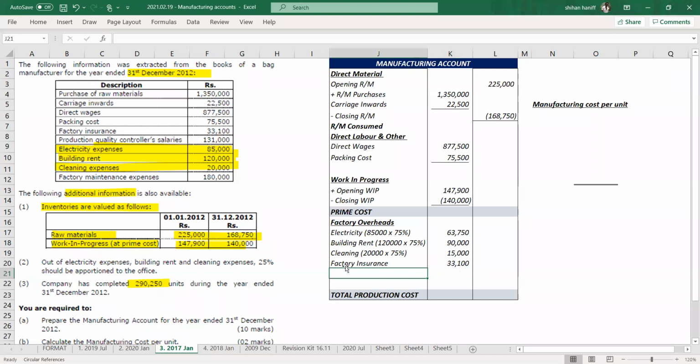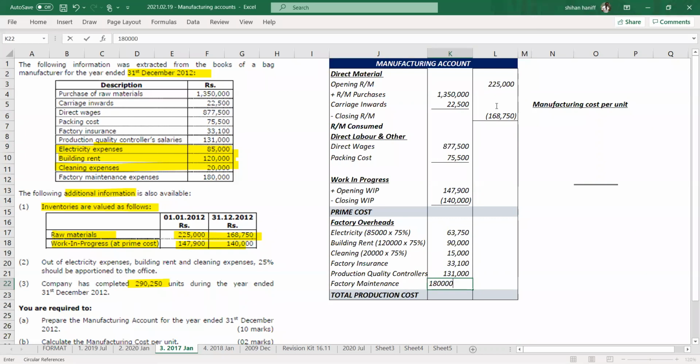Quality control 131,000. Maintenance 180,000.